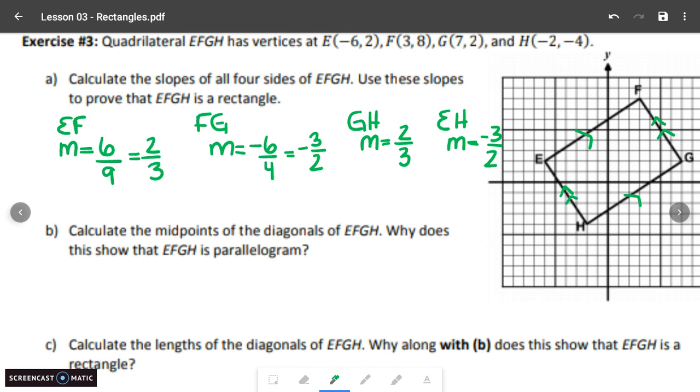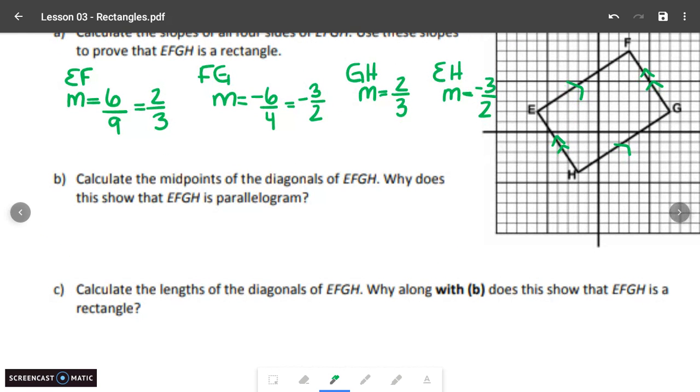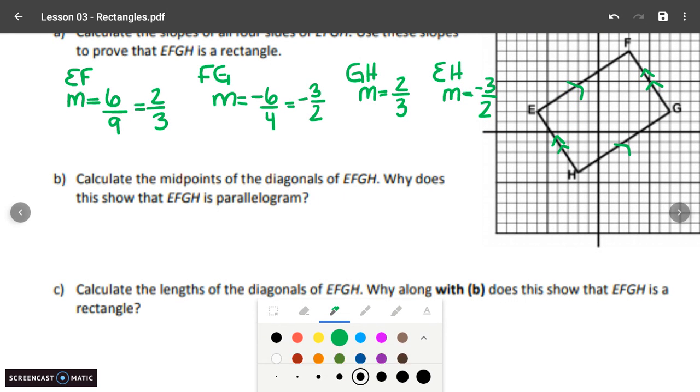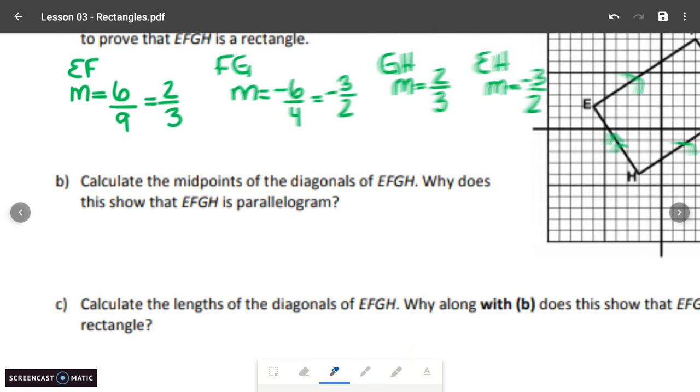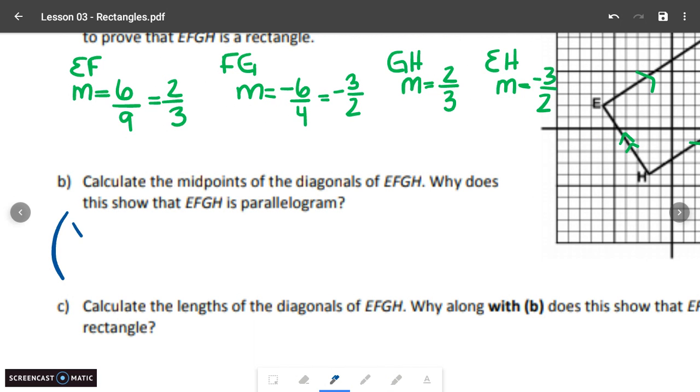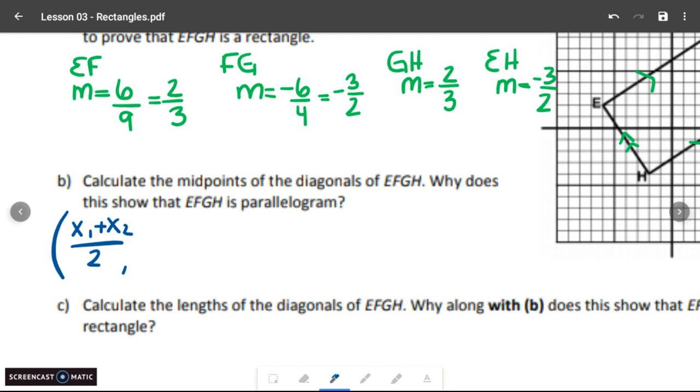Okay. Now, just to bring back some of our former properties and look back, we also can calculate the midpoint. Remember, the formula is x1 plus x2 divided by 2 and y1 plus y2 divided by 2.